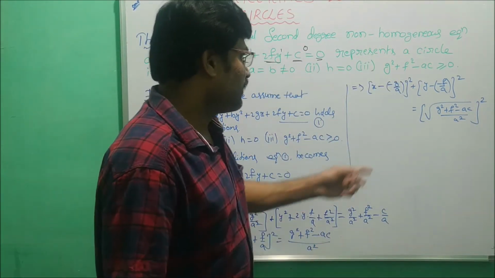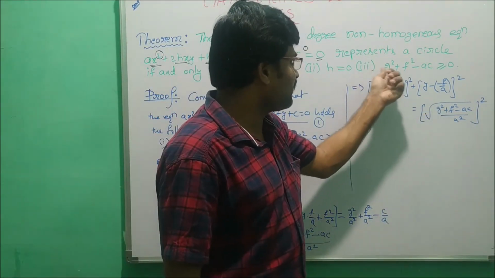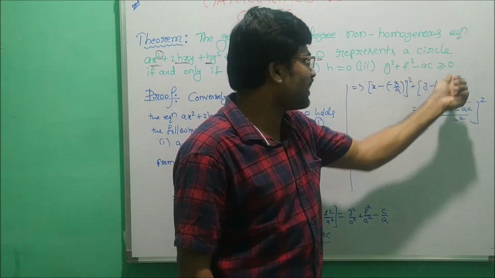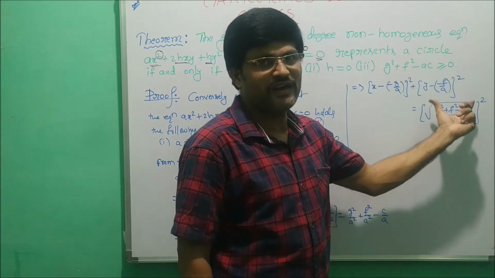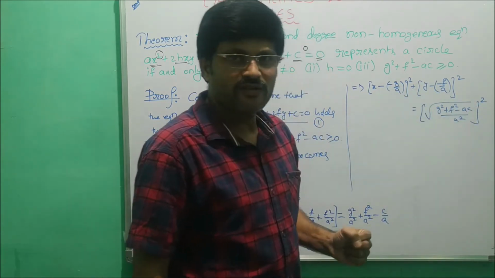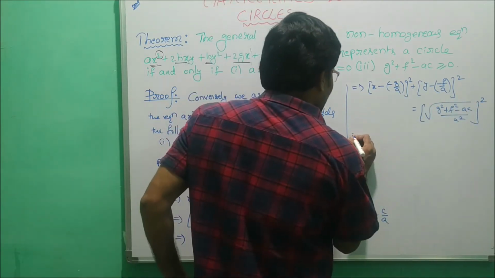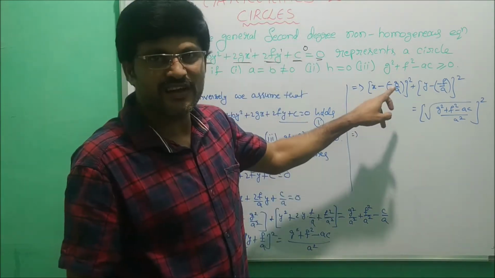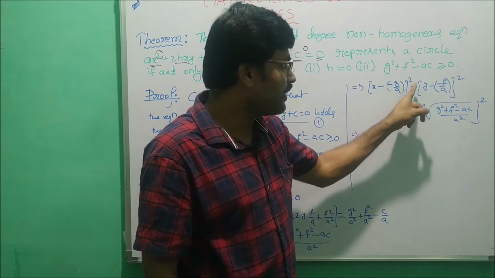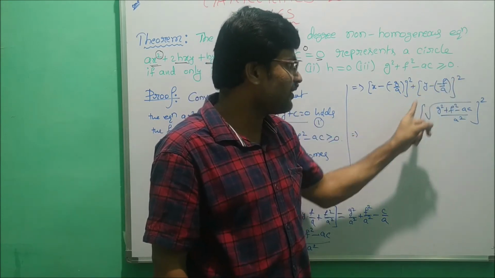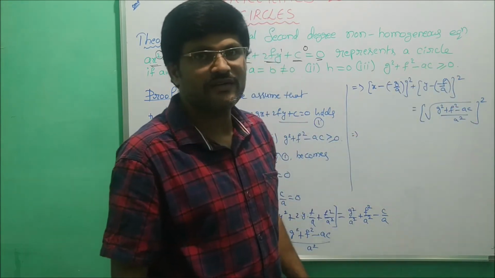We observe that from the third condition, g² + f² − ac is always greater than or equal to 0. Now this is always a positive value. So which is the standard form of the circle? Here (x − h)² + (y − k)² = r².